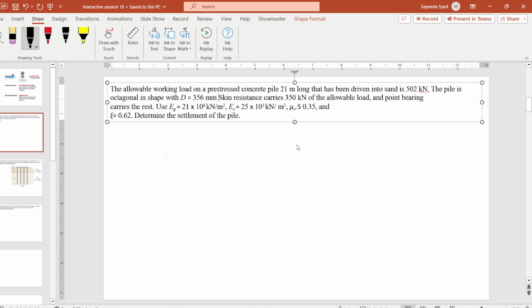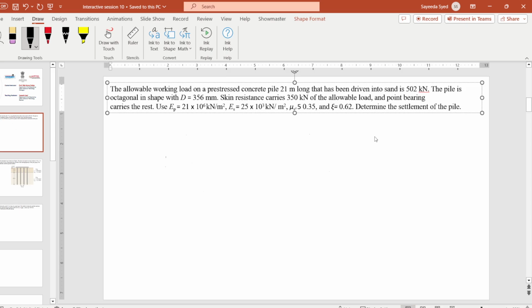Skin resistance carries 350 kilonewton of the allowable load, and point bearing carries the rest. Use an elastic modulus of 21 into 10 to the power 6 kilonewton per meter square, a soil modulus of 25 into 10 to the power 3 kilonewton per meter square, a Poisson's ratio of 0.35, and a zeta of 0.62. We need to determine the settlement. So let us get into it.